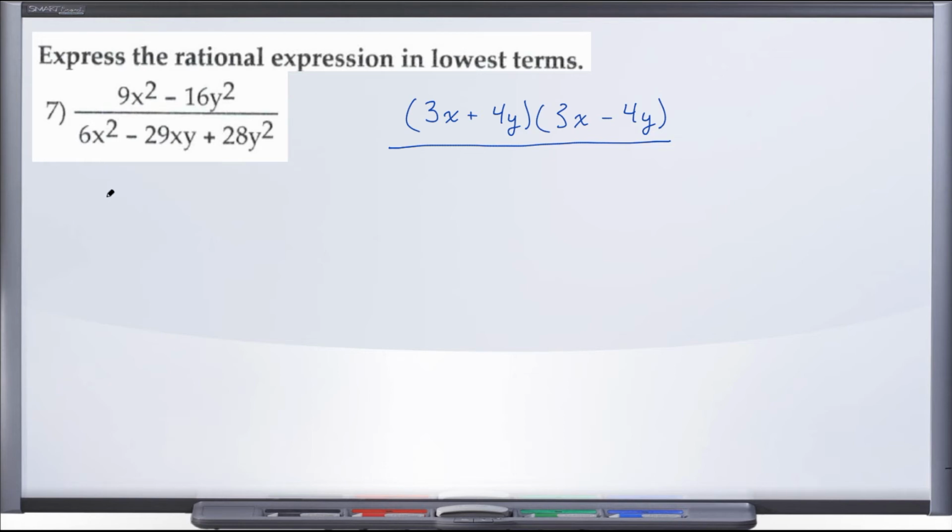I'm going to go ahead and use the scissors method, and the scissors method says let's go ahead and list factors of 6, our leading term, and factors of 28, our ending term. And let's see what we get. So the factors 1 and 6, 2 and 3, and 28. Let's see, we have 1 and 28, 2 and 14, 3 doesn't work, 4 and 7, and I think that's going to be it for 28.